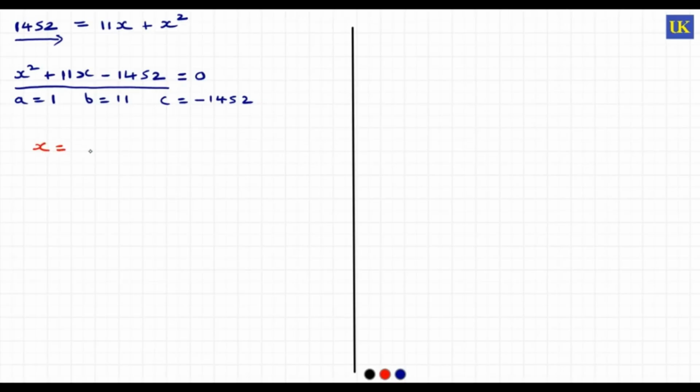X is equal to minus b plus or minus, in the bracket, under root b square minus 4ac, divided by 2 into a. So this is our formula, guys. Okay, so according to this formula we will input all the a, b, c values here and we will get the answer.